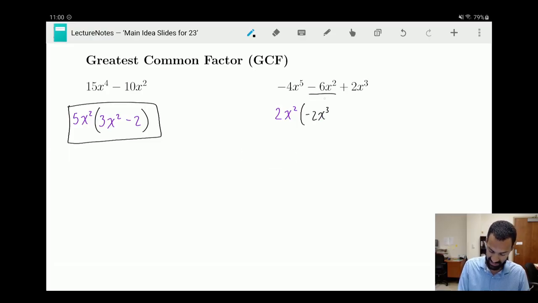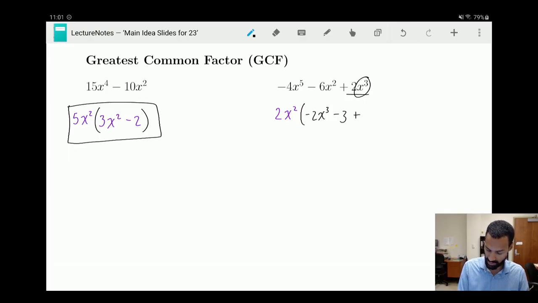Negative 6x squared divided by 2x squared would be negative 6 divided by 2 is negative 3. X squared divided by x squared is just 1, right? They cancel out. So that would be negative 3 times 1, or just negative 3. Finally, 2x cubed divided by 2x squared. 2 divided by 2 is 1.